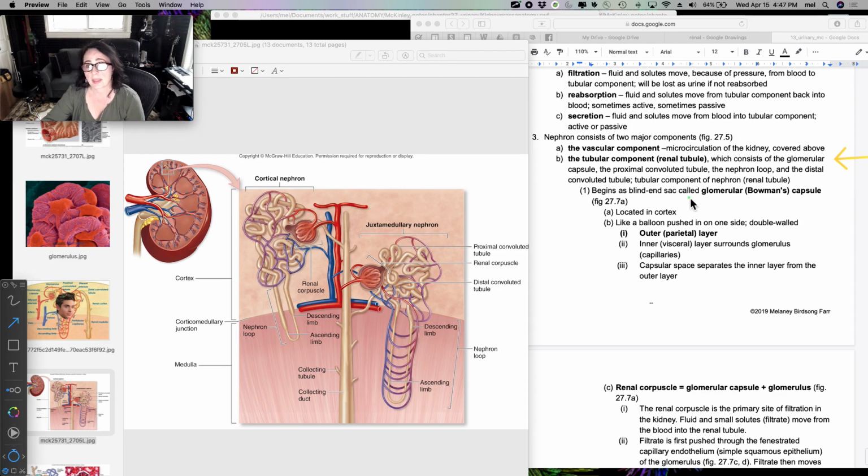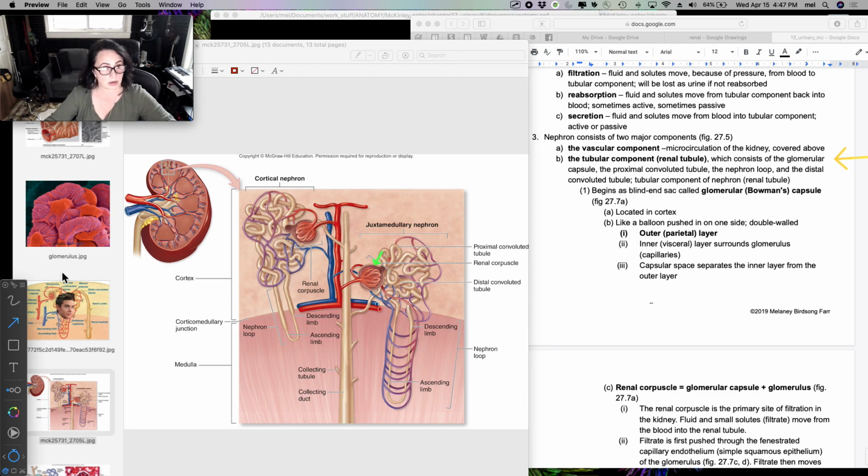So this whole thing, the P tubes, they begin as this blind end sac right here that is around the glomerulus, and this is called either Bowman's capsule or the glomerular capsule. But important, you cannot use the terms glomerulus and glomerular capsule interchangeably because they don't mean the same thing.